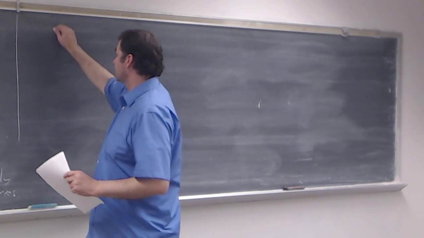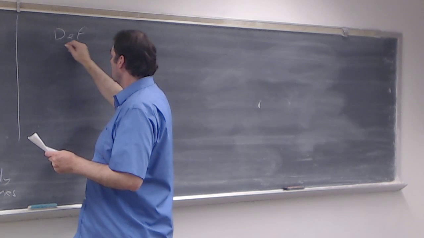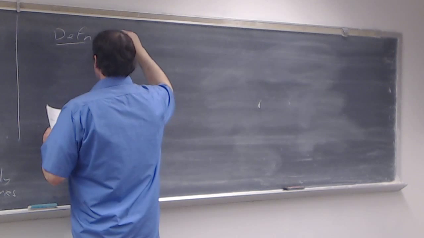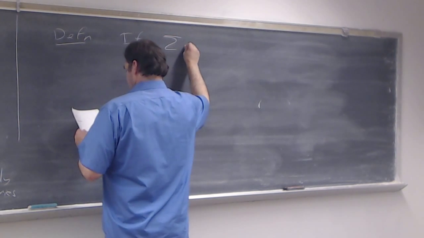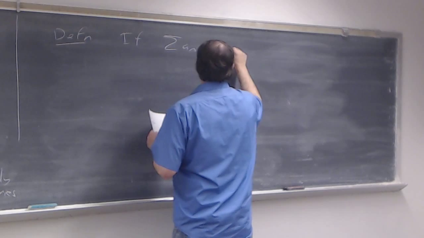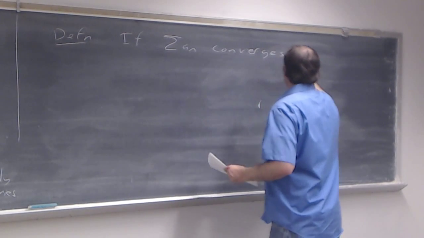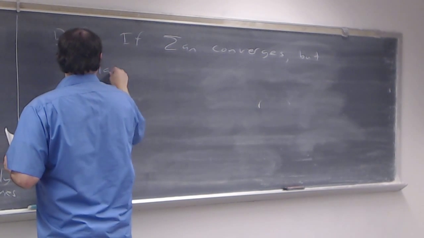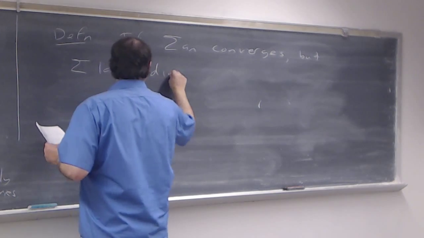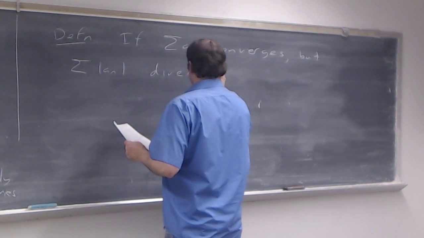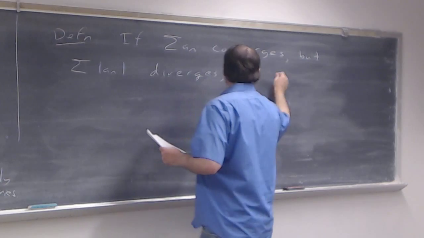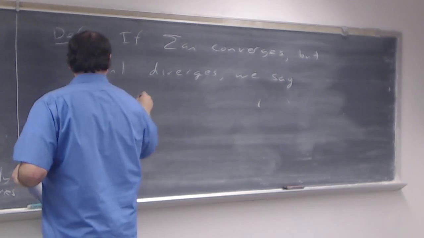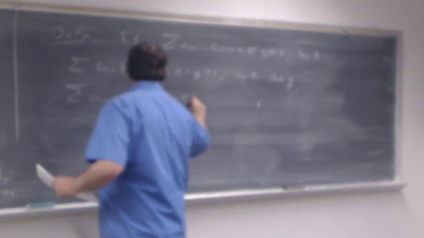As a definition, not every series converges absolutely. So what we say: if the series a sub n converges, but the series of the absolute values of a sub n diverges, we say that the series of a sub n converges non-absolutely.